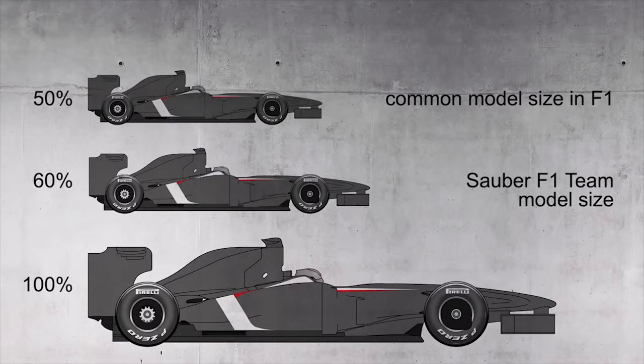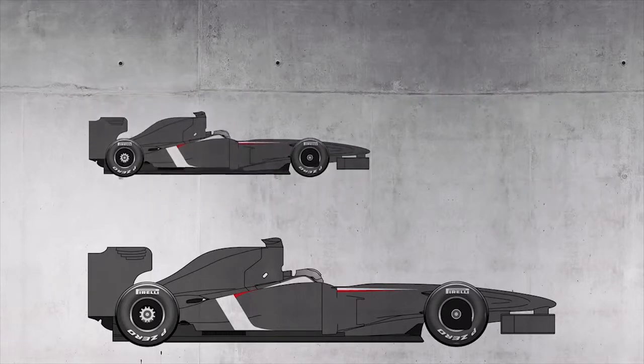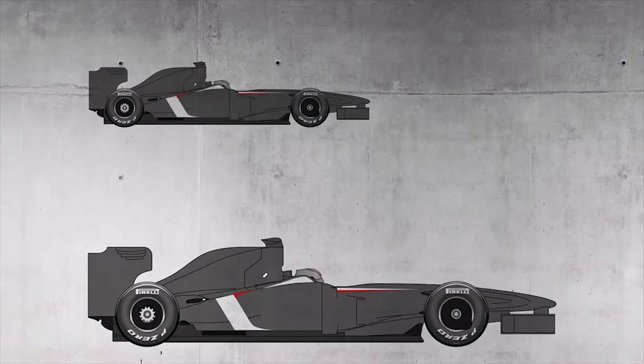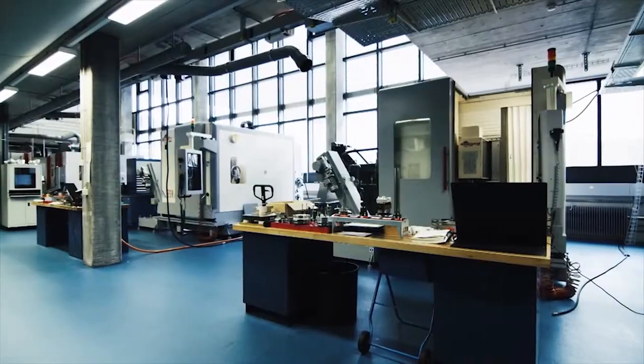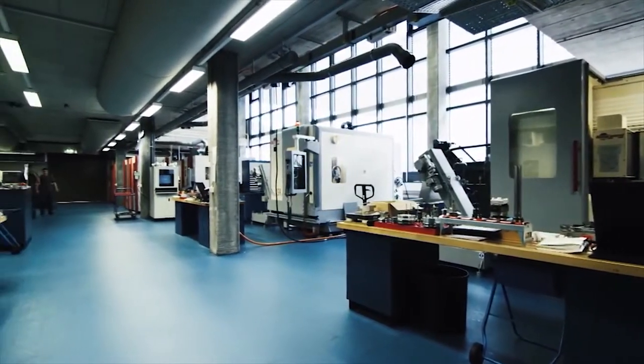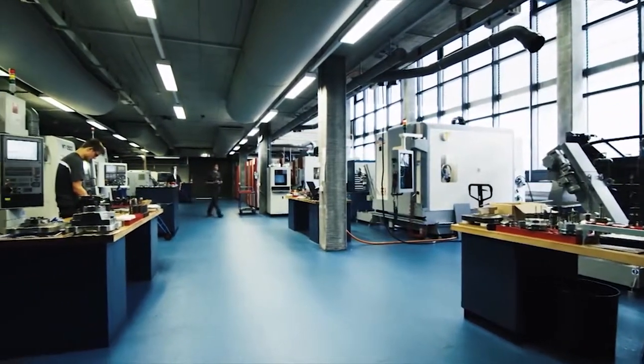Now, for a 60% model, the volume of material that you need to make the parts is 0.6 times 0.6 times 0.6, which is, in percentage terms, about 21.5% of the volume you'd need if you were making a real part. And the same applies if you take a block of material that's the right size for machining a part from, say, a block of metal, then the same rule applies to how much metal you have to remove from your block.